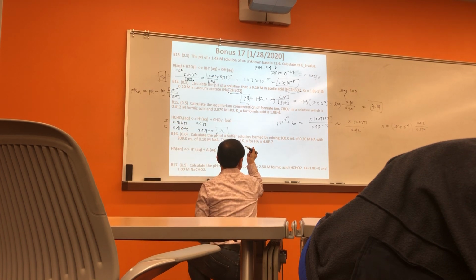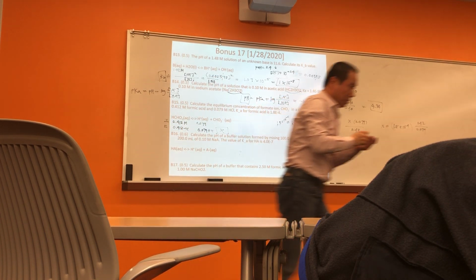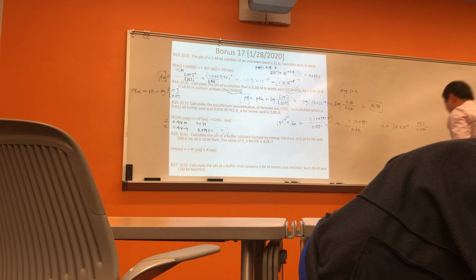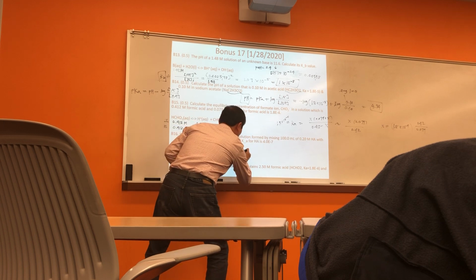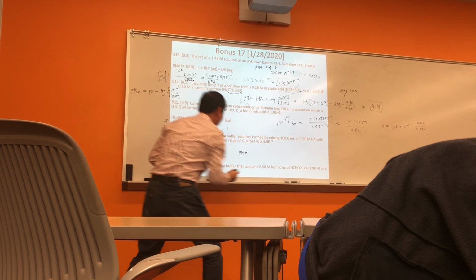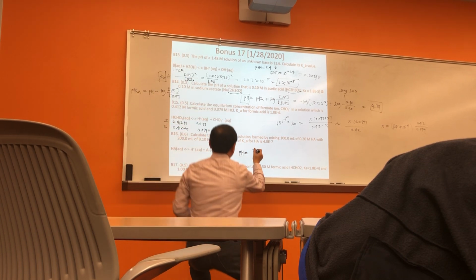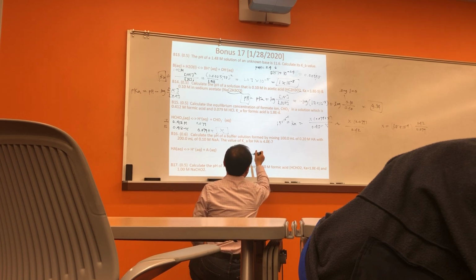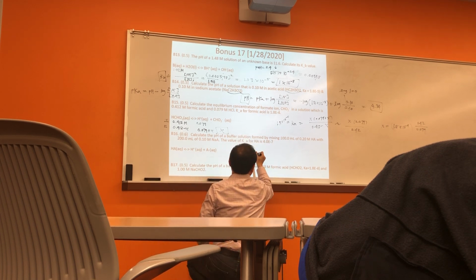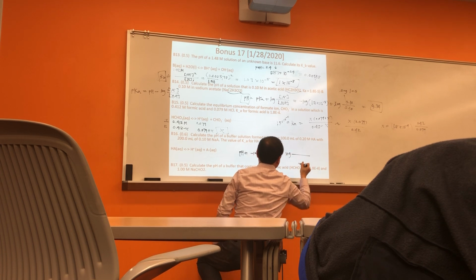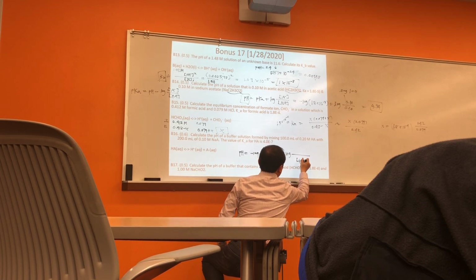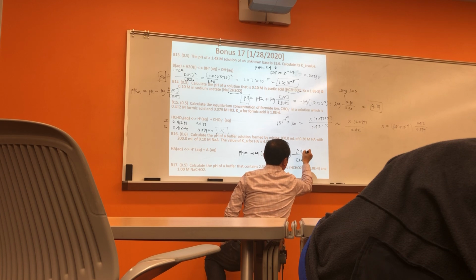So pH is pKa, negative log of Ka, plus log of the concentration of A minus over HA.